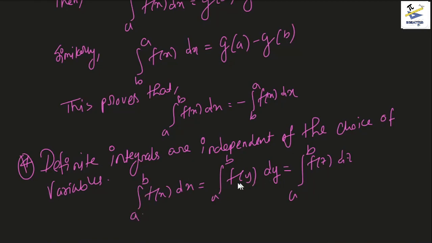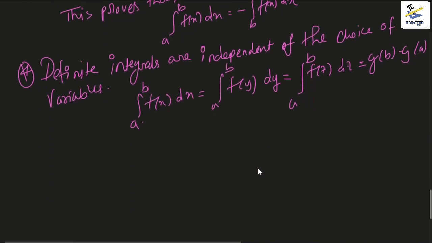Whether f of x dx or f of y dy or f of z dz, all of them will evaluate to the same thing, right? Because at the end of the day, if f has an antiderivative, it will be given as g of b minus g of a, all of them, because it doesn't matter what variable name you are using, right?